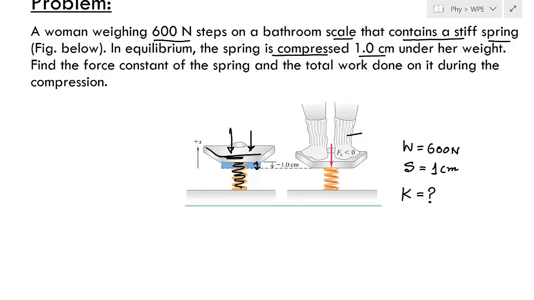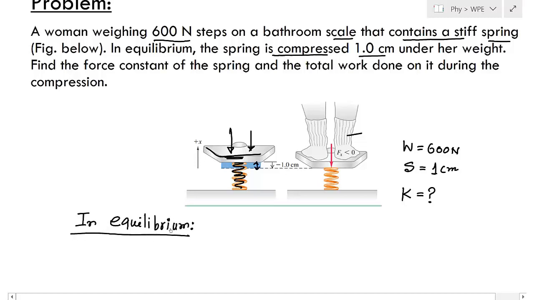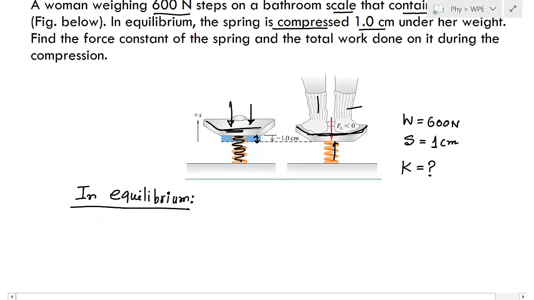So to find K, we will use the equilibrium condition. So what will happen in equilibrium? In equilibrium, there are two forces acting. Bowman is trying to push the balance down, and this spring is trying to push it up. So one is trying to push it down, another is trying to push it up. So these two forces at equilibrium will be equal.